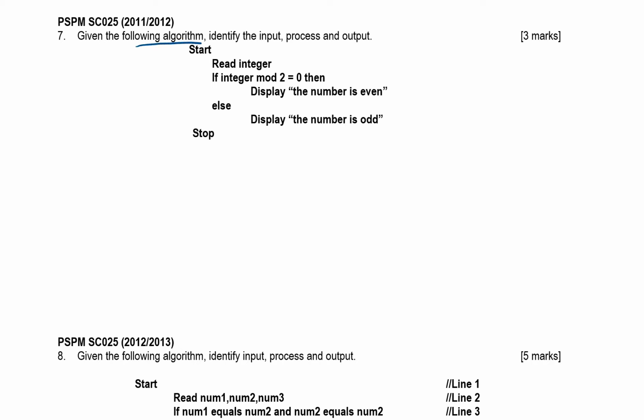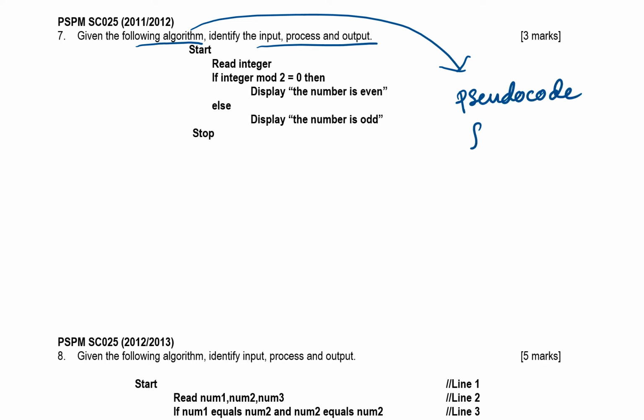Given the following algorithm, identify the IPO. So what is an algorithm? There are two types of algorithm, that are pseudocode and flowchart. You are going to learn about algorithm later in the next chapter.